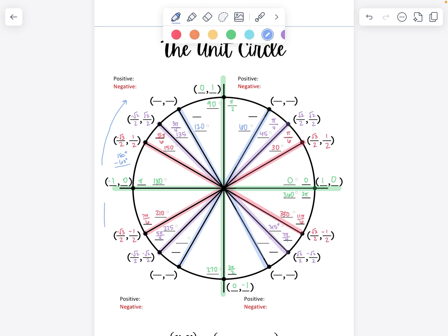Okay, going down to quadrant 3, I'm going to do 180 plus 60 degrees. That's going to get me to 240 degrees. And quadrant 4, once again, it has to connect to the x-axis. So 360 degrees minus 60 degrees gets me to 300 degrees.